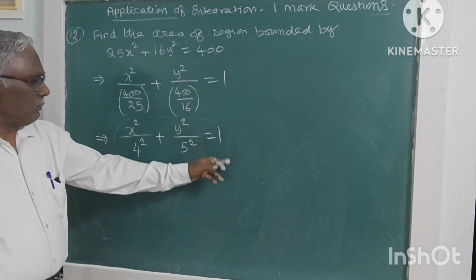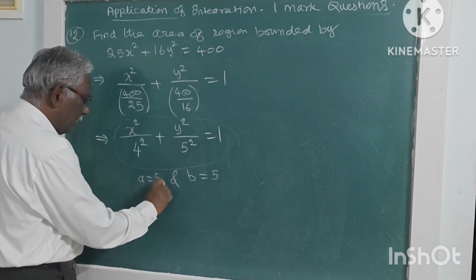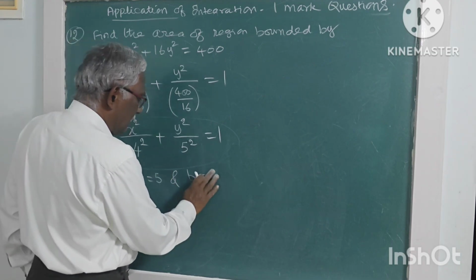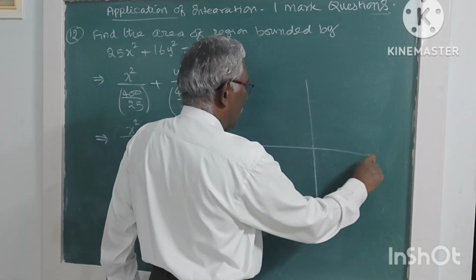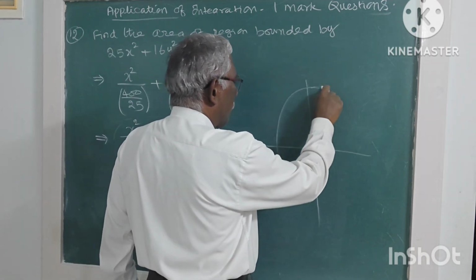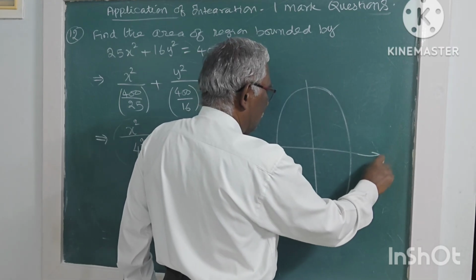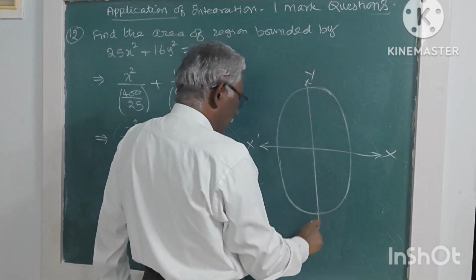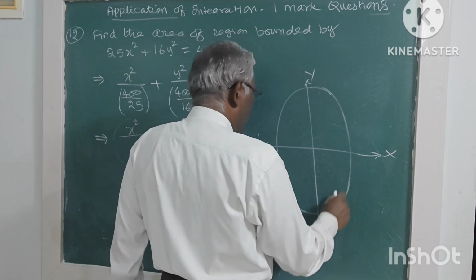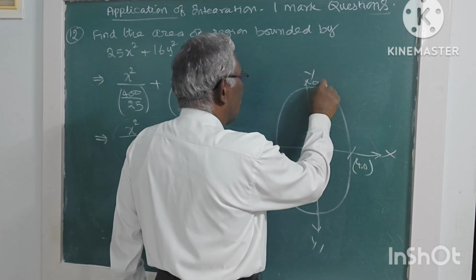This is an ellipse with the semi-major axis length equal to 5 units and the semi-minor axis length equal to 4 units. Here, like this, x-axis, x dash, y dash. So this is 4 comma 0. This is 0 comma 5.